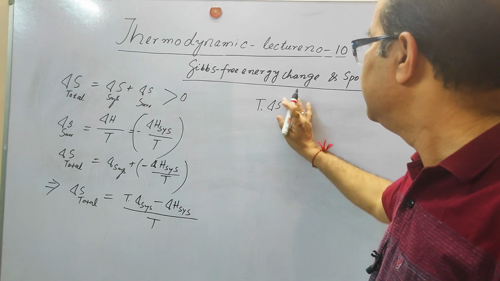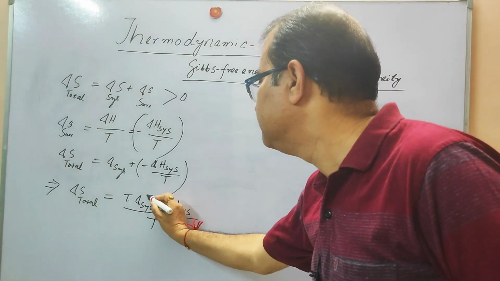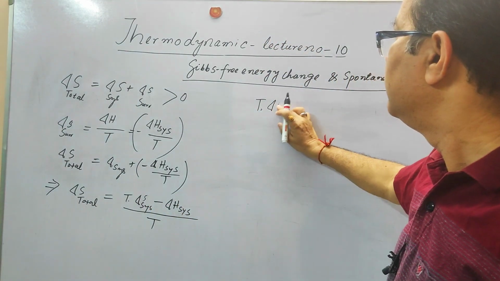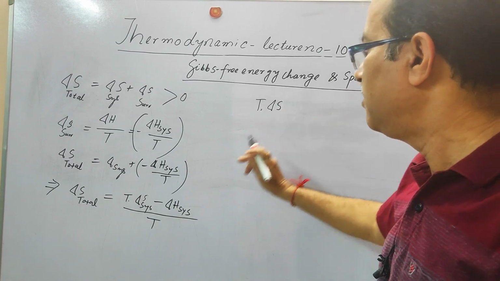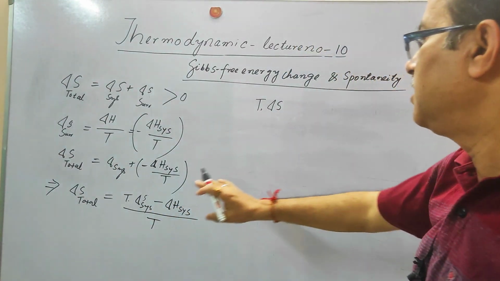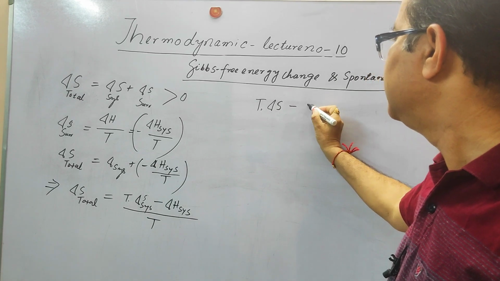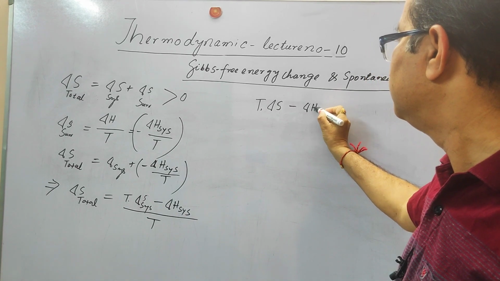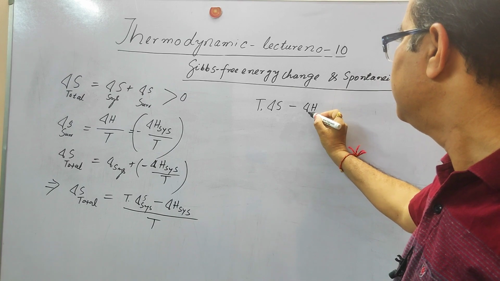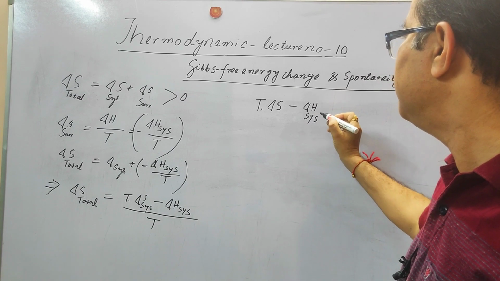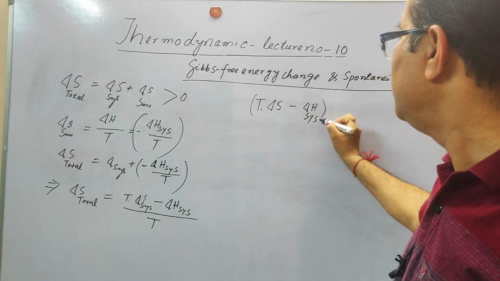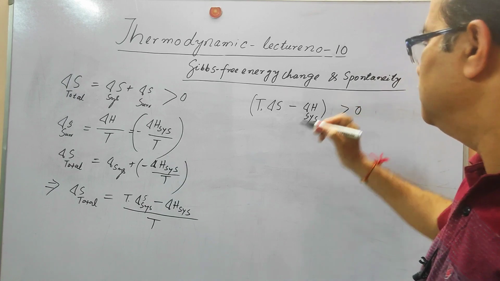So we write delta S, not writing 'system' because all are the system now, delta S minus delta H, the enthalpy of the system, will be greater than 0.